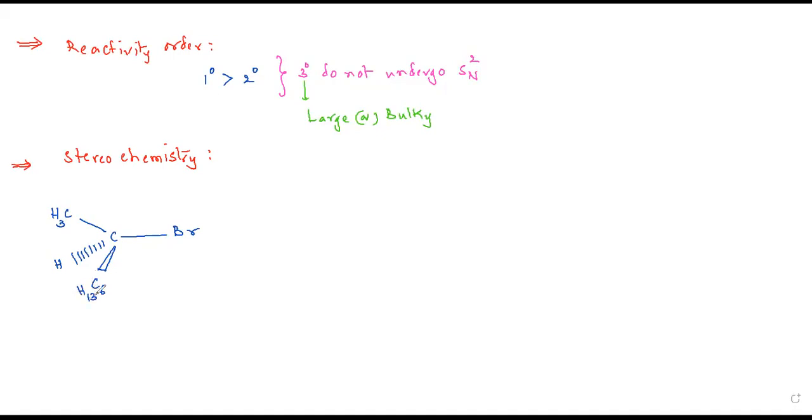So this carbon is chiral because it has 4 different atoms or groups. Let us check the configuration at this chiral center.